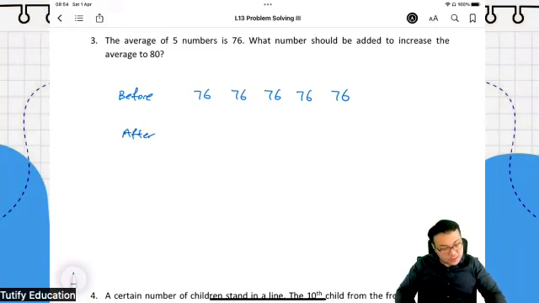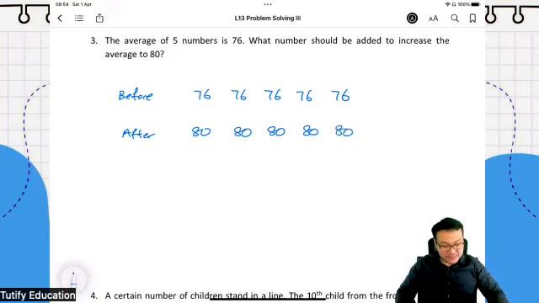After the one more number came in, okay, one extra number joined in. What is the new average? The average increased to what? 80. 80. So can you just imagine, everybody got more sweets, yes or no?